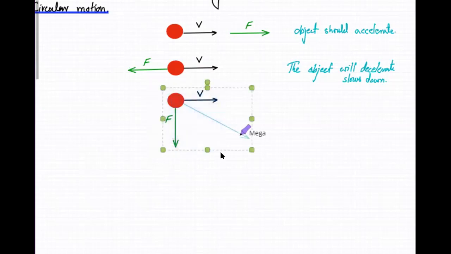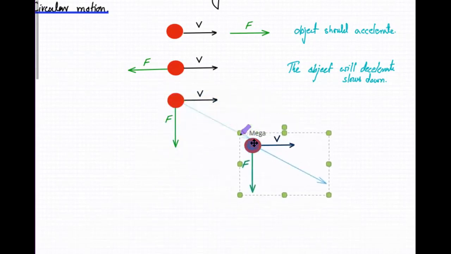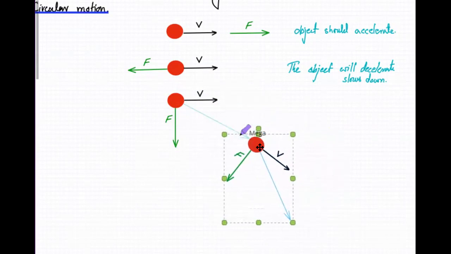So this object will be moving this way, and the new direction of velocity will change like this.